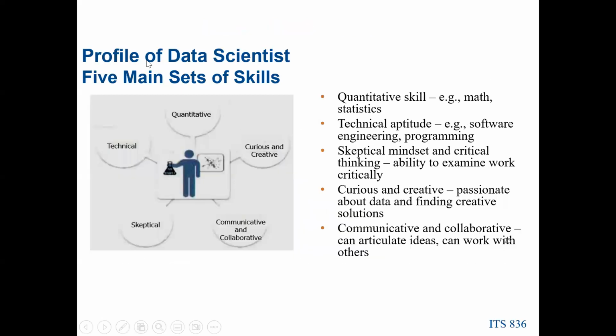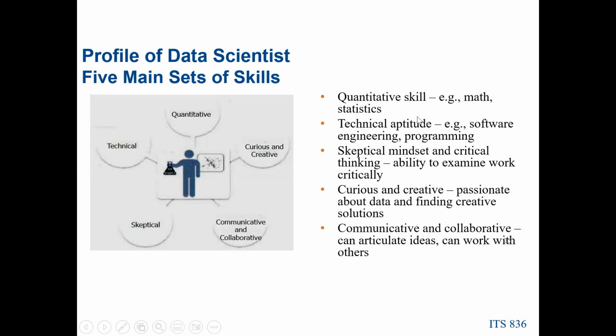So what is the profile of a data scientist? Here we state the 5 main sets of skills a data scientist should have. First, quantitative. So we must have the skills of analyzing data, statistics, hypotheses, etc. Also, we need to be curious and creative, communicative and collaborative, skeptical and technical.